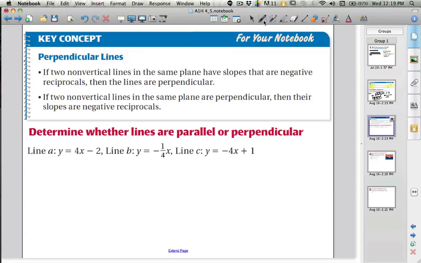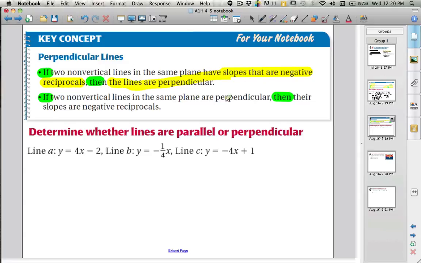Okay, back to the concept of conditional statements. If, then. If, then. And what are we talking about? If these guys have slopes that are negative reciprocals, the lines are perpendicular.